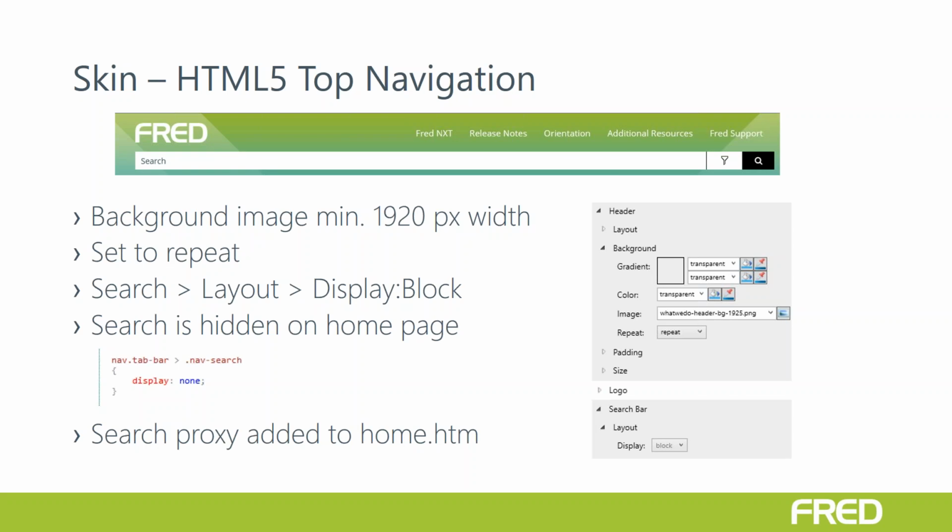One of the things that we wanted to do was we really wanted the search to be really prominent. So in order to achieve the look and feel we wanted on the home page, that very big search field in the middle of the page, we had to hide it from the skin, and so we're using this CSS override to hide it, and we've added a search proxy to the topic itself.